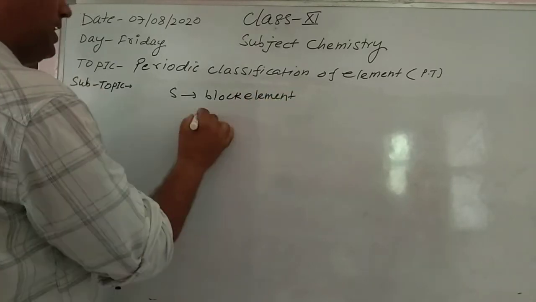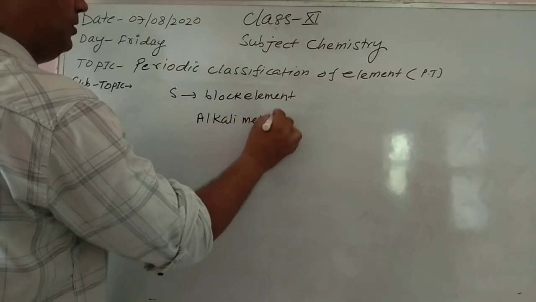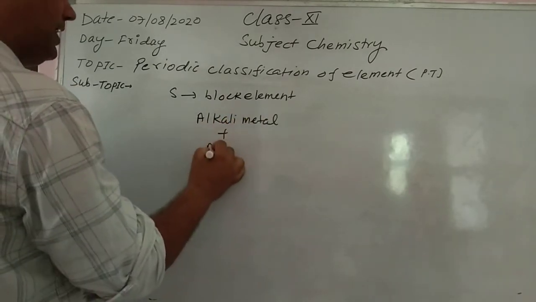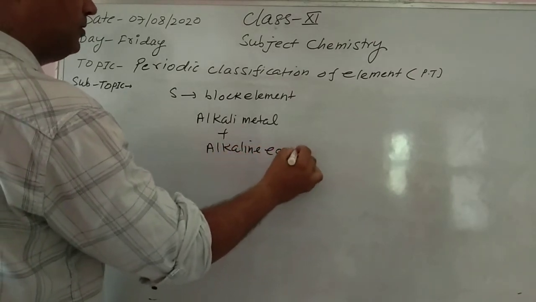S block elements are known as alkali metals plus alkaline earth metals.